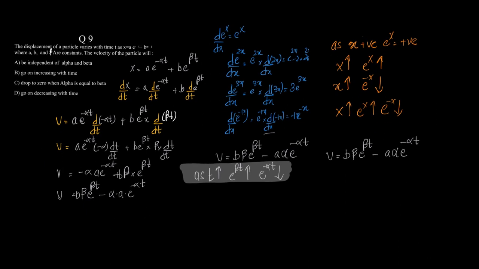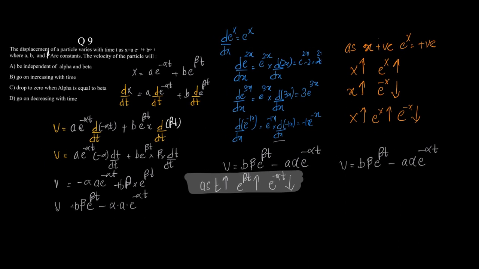Let us now further try to understand this, which means, when t is equal to 1, v will be equal to b into beta into e raised to beta minus a into alpha into e raised to minus alpha, because t is 1.